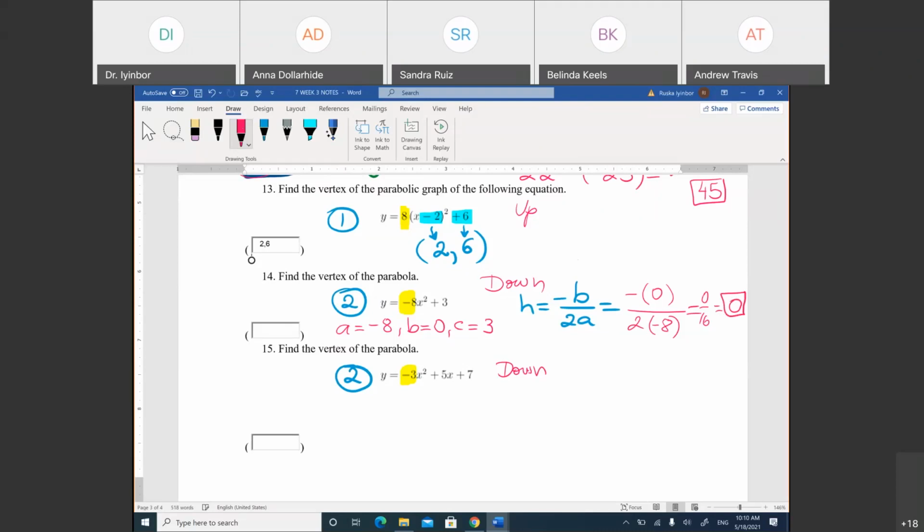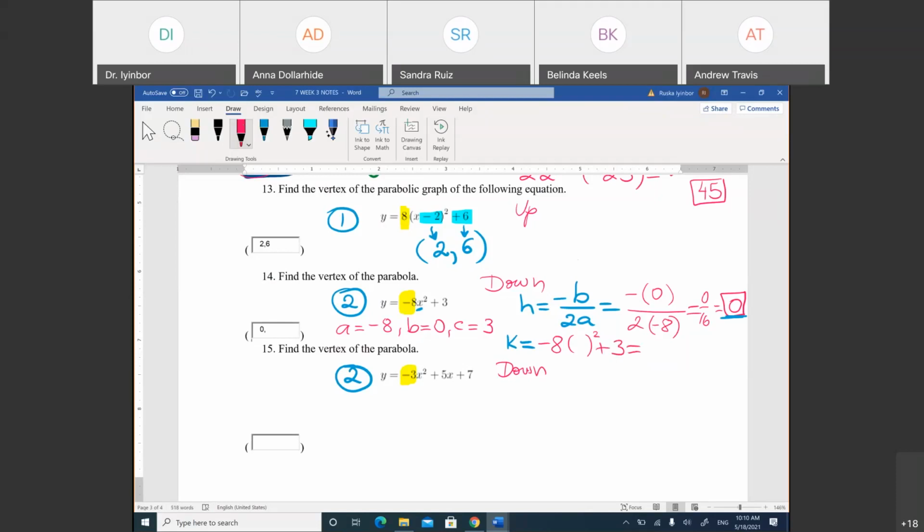So my vertex is going to be 0, comma, and I need to find K. So finding K is taking the number I get for H and plugging it in for X. So I'm going to follow my function, y equals -8, I'm going to put H here, squared, plus 3.